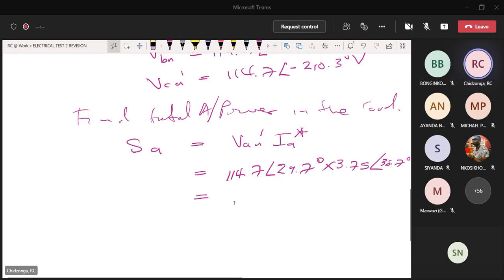So it gives you 430, and the angle is 68.4, right?